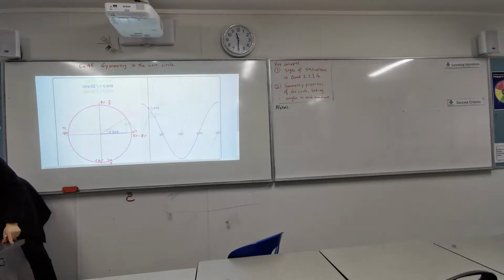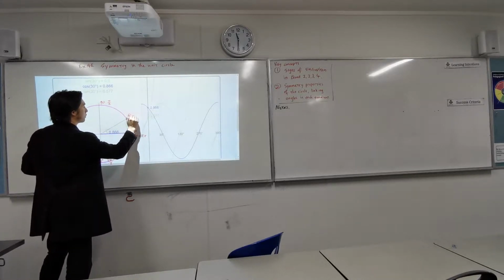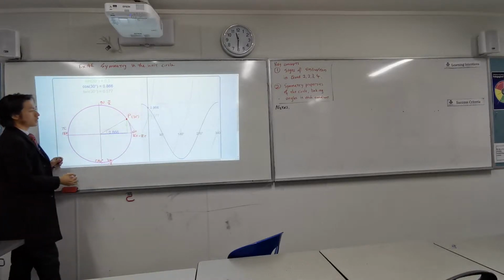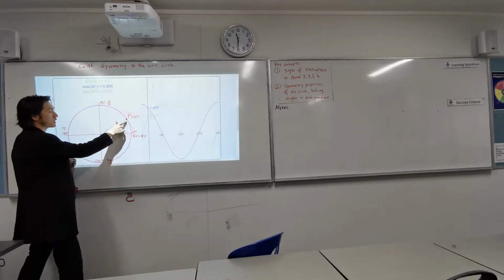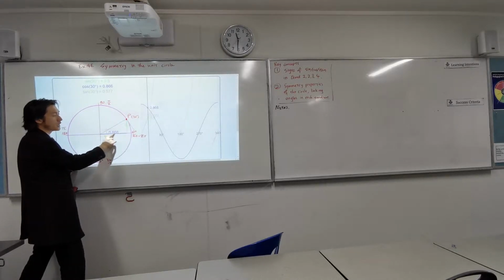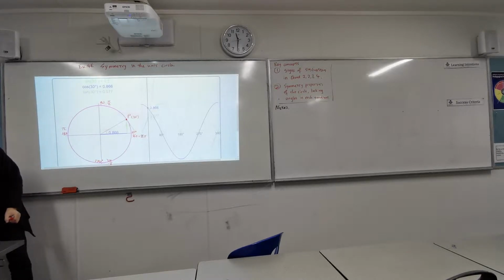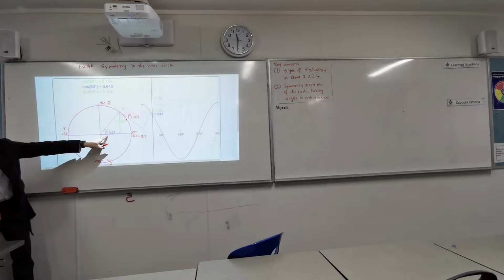So let's bring it to 30 degrees in our example. Okay, so here's our point at 30 degrees. Our sine is our y-coordinate, and our cosine is our x-coordinate. And what you notice, as we increase our angle, the values of our sine and cosine change.